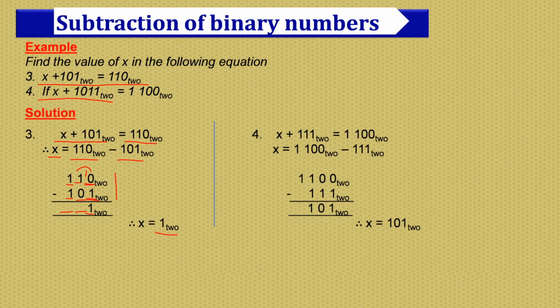Now, moving on to the next example, we have a similar situation, x plus 111 equal to 1100. Now, to find the value of x, we take 111 from 1100. Now we set out our numbers and then we go ahead to do our subtraction. 0 minus 1, we won't have an answer, so we go to the next significant bit.